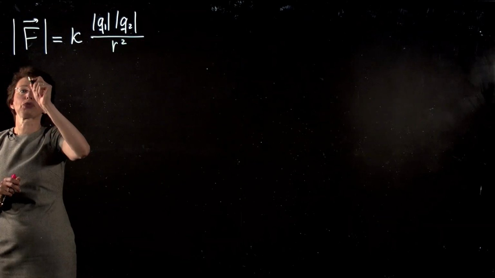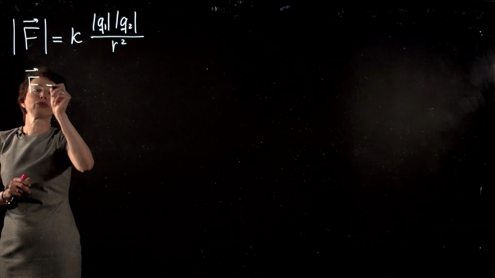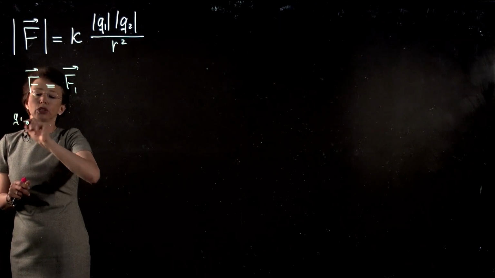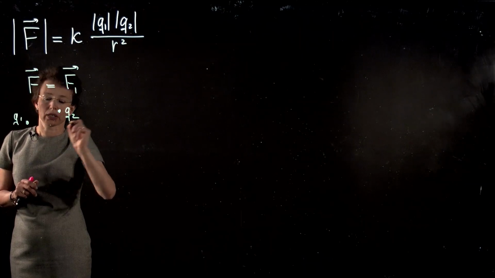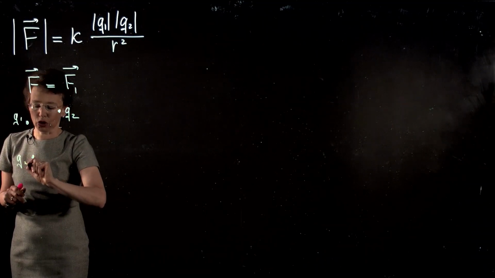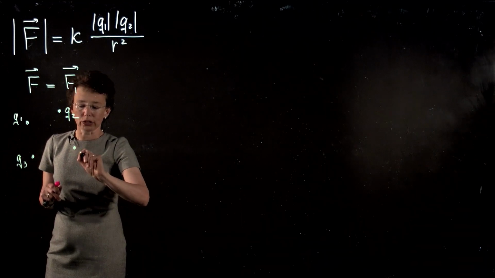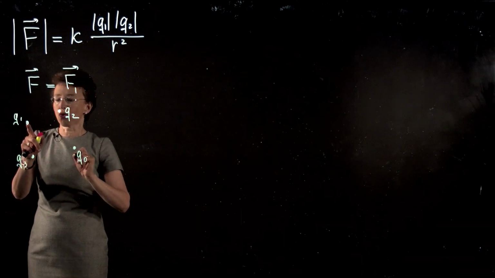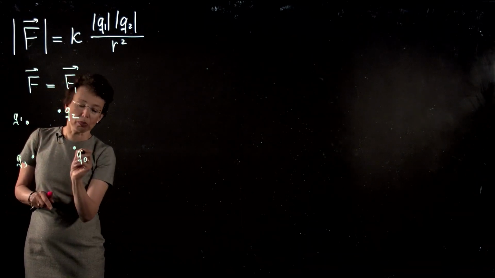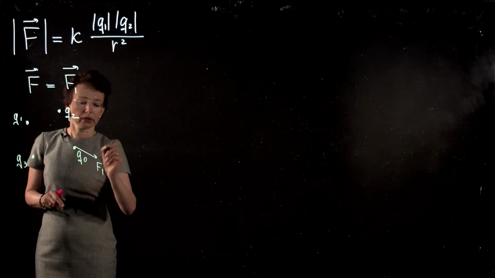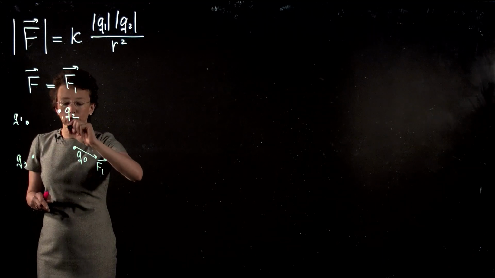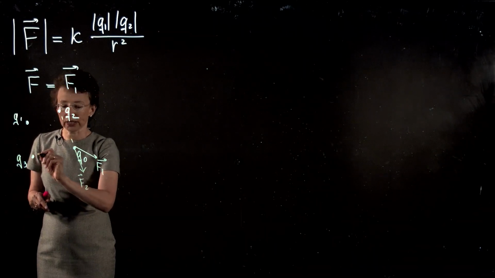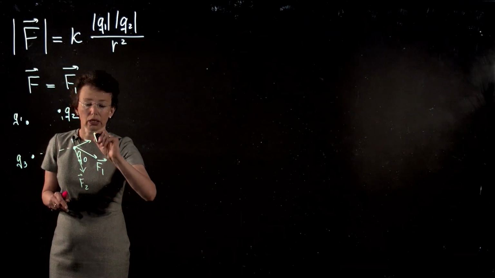And there is also principle of superposition that tells you that if you have several charges, then, for example, you have, let's say, Q1, Q2, Q3, right here, and then you're looking for the force applied on the charge Q0. Then you have to add forces: force exerted by Q1 on Q0, F1, force exerted by Q2 on Q0, F2, let's say all charges are positive, so the force is a repulsive force, and then Q3, F3.